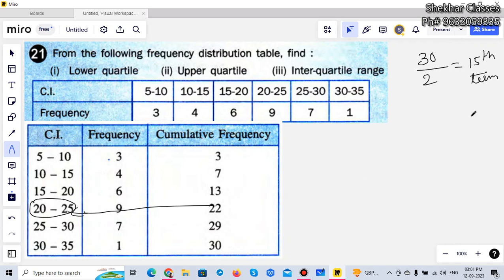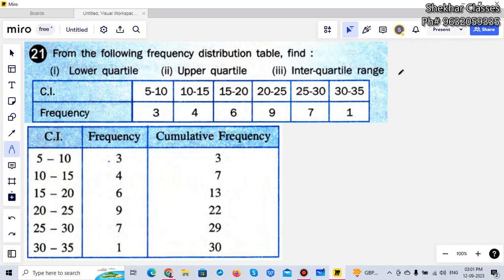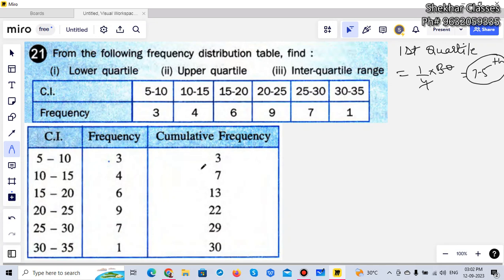But this is the median. I'm sorry, we don't have to find the median in this case. We have to find the quartile. Quartile is 1/4. The first quartile is 1/4 of 30. So how much is that? This will give you 7.5. It will be somewhere between 15 and 20.